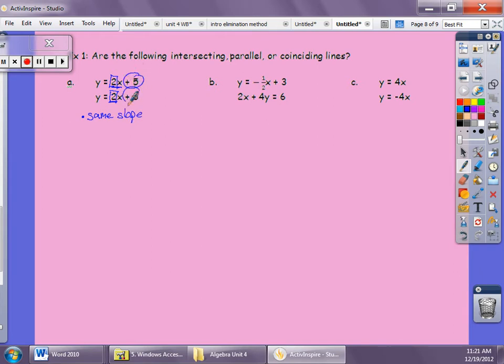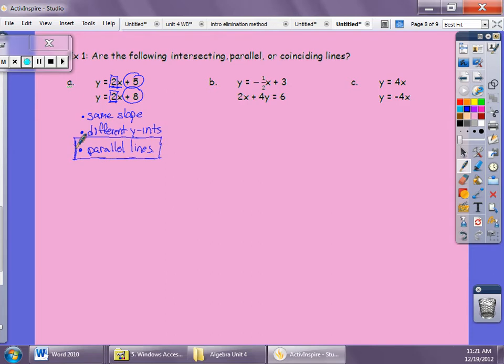We have 5 and 8. Well, 5 and 8 aren't the same. So they have different y-intercepts, which means that these are parallel lines. They have the same slope, but different y-intercepts.